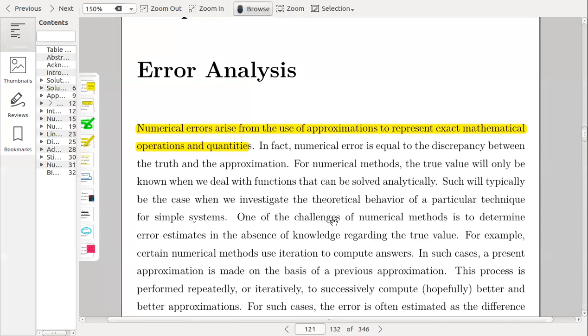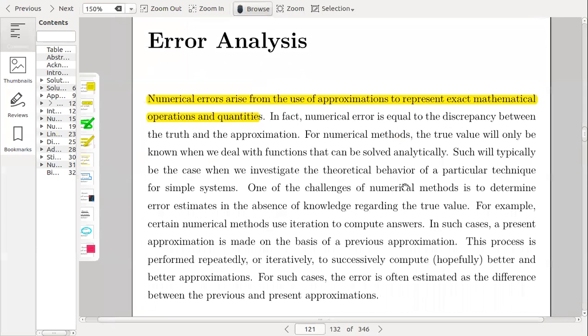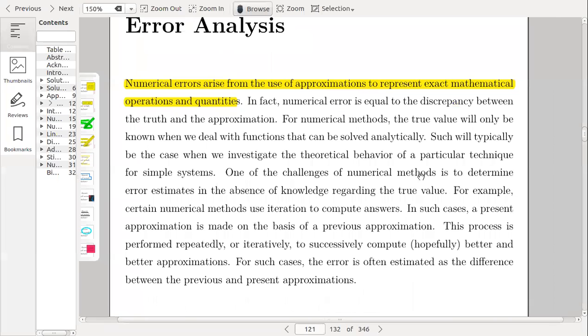So in numerical analysis, we consider the analytical solution as the exact or true solution. Such will typically be the case when we investigate the theoretical behavior of a particular technique for simple systems.